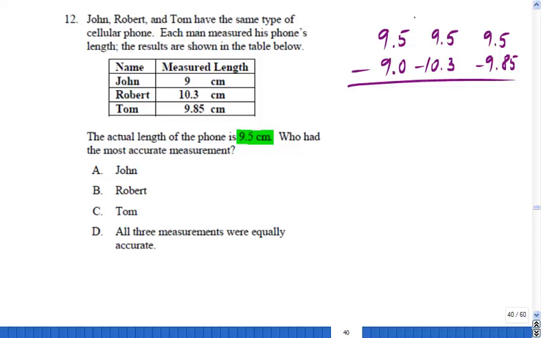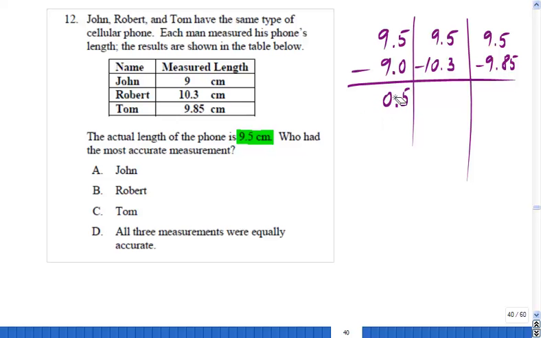Well, 9 is 9.0, right? If you like to see the decimals in both, right? 9.5 minus 9.0 is 0.5. So this is positive, or you may say negative because he got that one missing. So I will say this is an error of 0.5, all right?